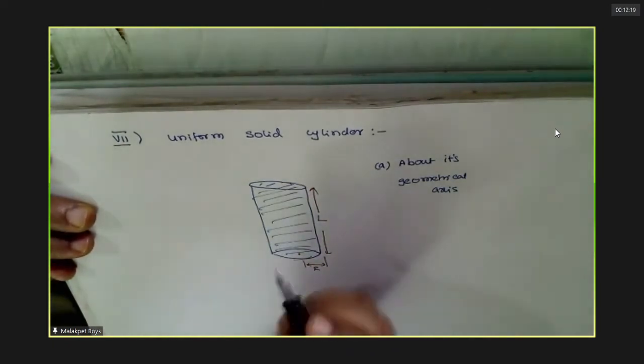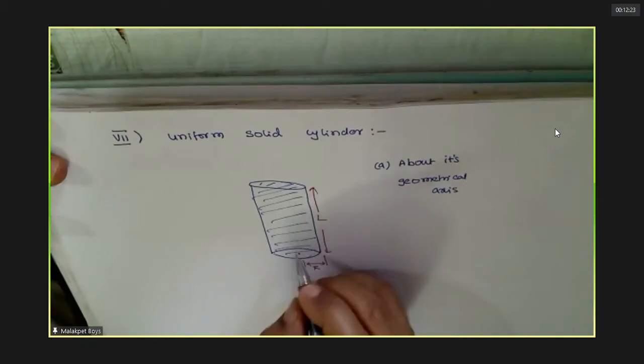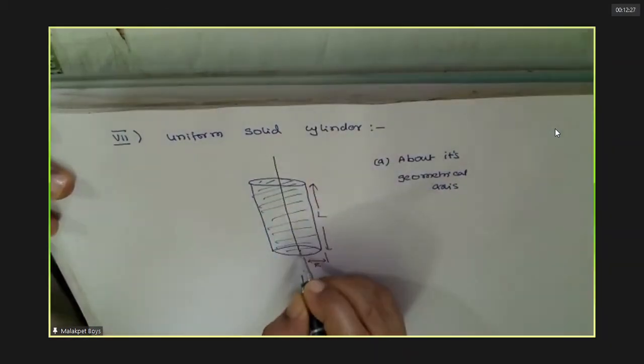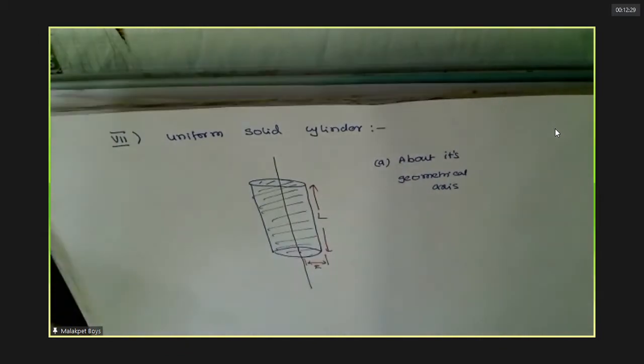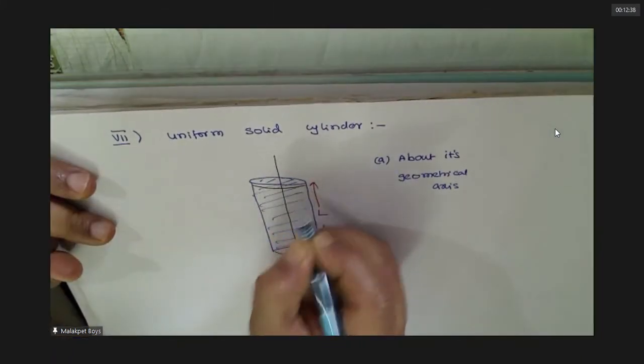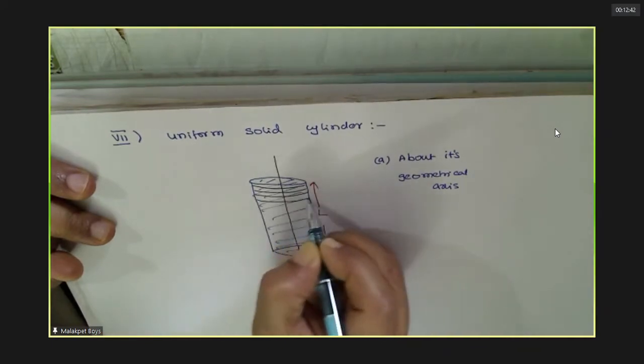About that axis we need. Yes, sir, this is the axis. Now, if you observe carefully, without integration, easily you can get the answer. Can you tell what it is? This is consisting of several parts. Each one, can you tell? Circles.